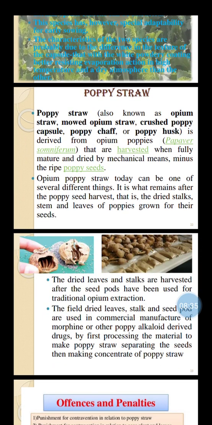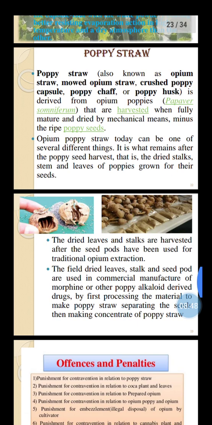Poppy straw is also known as opium straw, mother opium straw, crushed poppy capsule, poppy chaff or poppy husk, derived from the opium poppy, Papaver somniferum, that is harvested when fully grown and mature and dried by mechanical means.